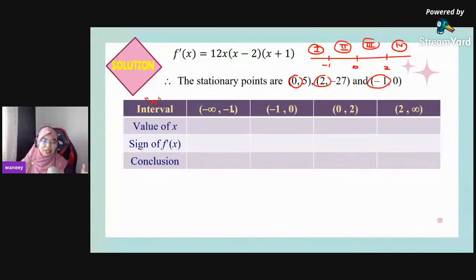So in this case, I'm choosing -2. Between -1 and 0, I choose something in between, and that is -0.5. Something that is between 0 and 2, you can choose any number, so you can choose 1. 2 until infinity, again, that is quite a lot of numbers, so you can choose any number that you like.